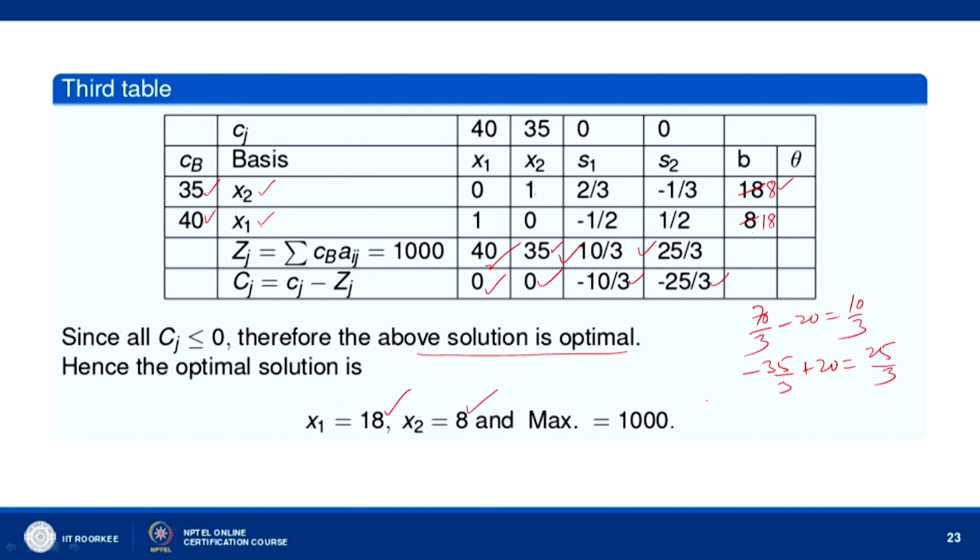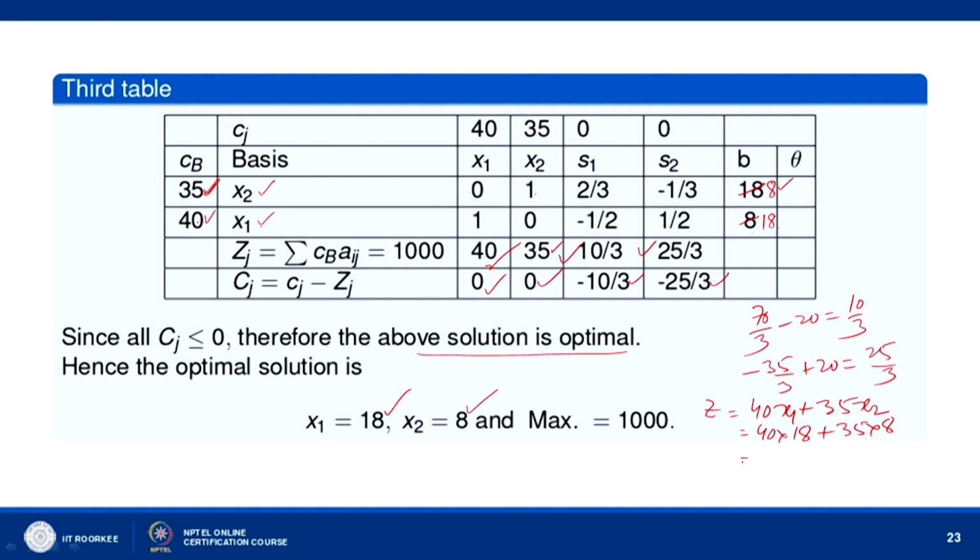We have z equal to 40 into x1 plus 35 into x2. x1 is equal to 18. So, 40 into 18 and 35 into 8, that is, we multiply the Cb column by the B column. So, 35 into 8, and then 40 into 18.